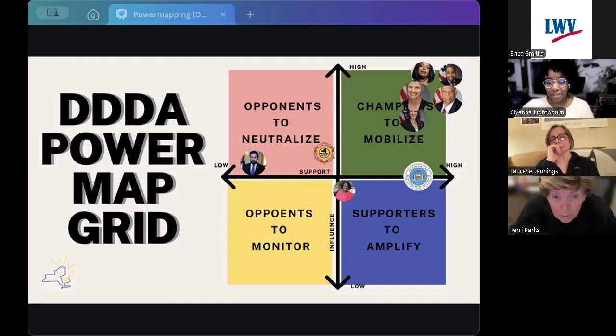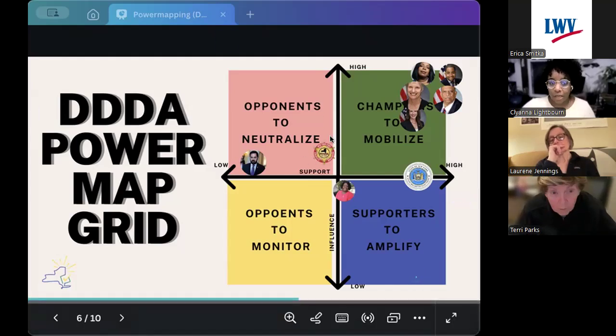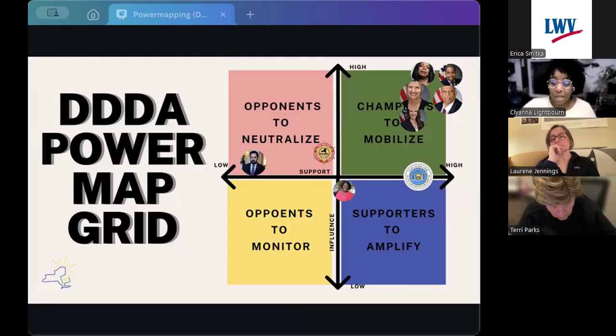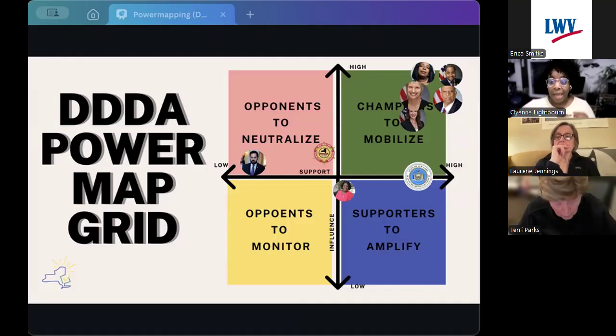As you can see, the Sheriff's Association right here in the pink zone holds high influence, but they oppose us. So we neutralize them through reframing, and through BOE partnerships.